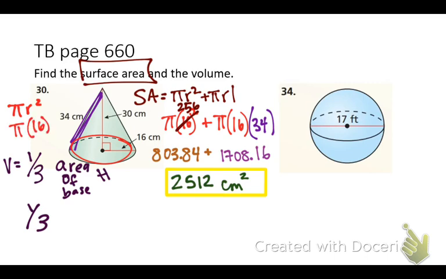Does this look like something we've already done? We did pi times 16 squared. 16 squared was 256 times 3.14. So what's the area of the base? 803.84. So we get it from over here. 803.84, and then times the height of the cone, which is 30.